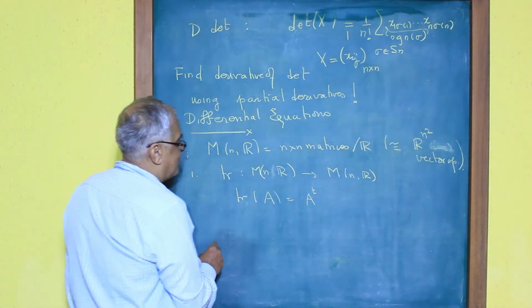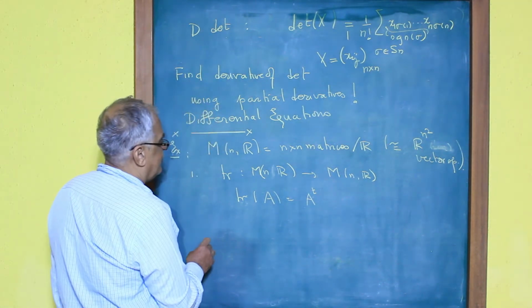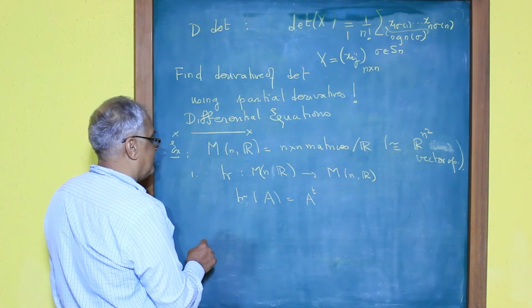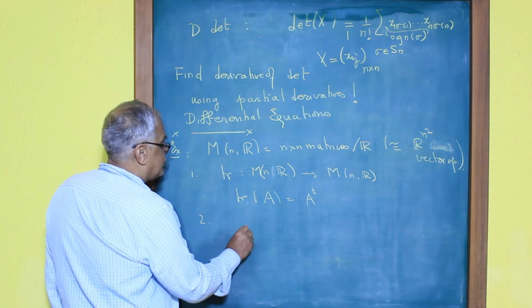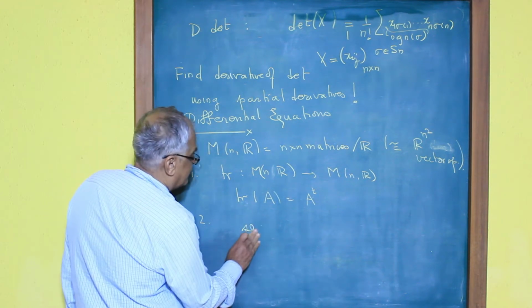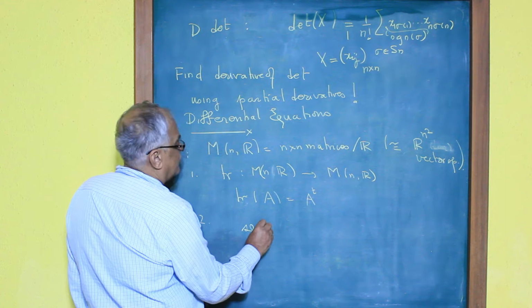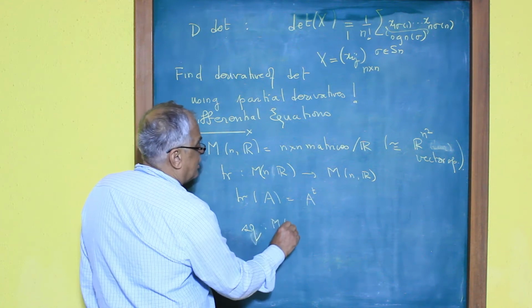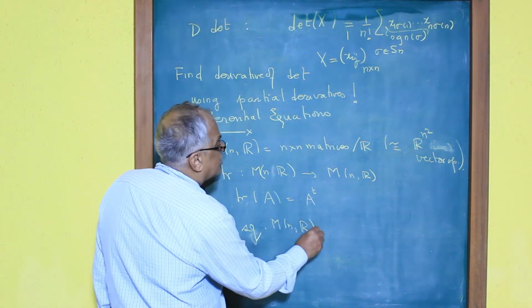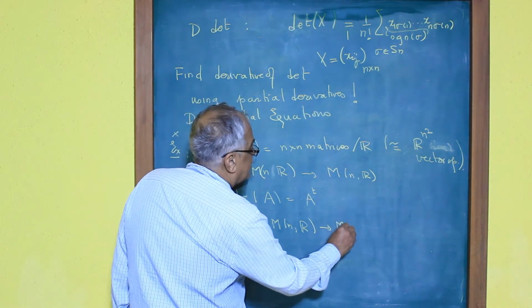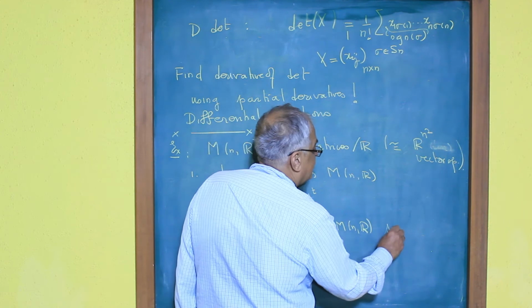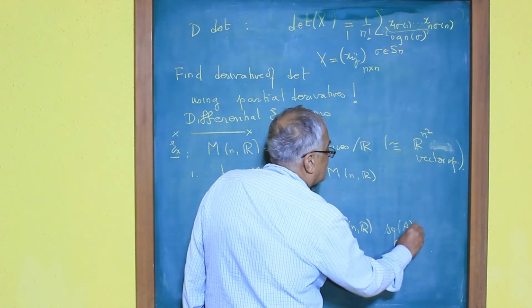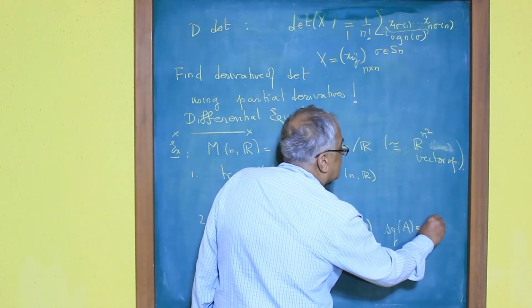Or you can have the map which says, instead of transpose, for example, A squared, S, from M_n(R) to M_n(R), which is S of A equal to A squared.